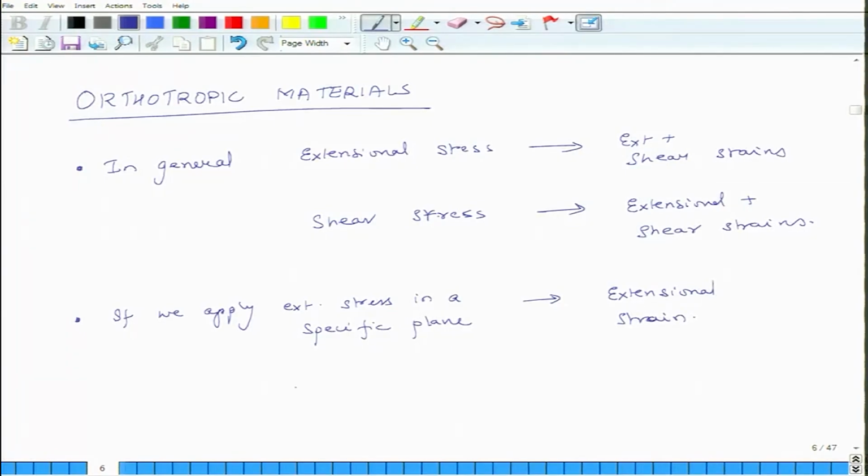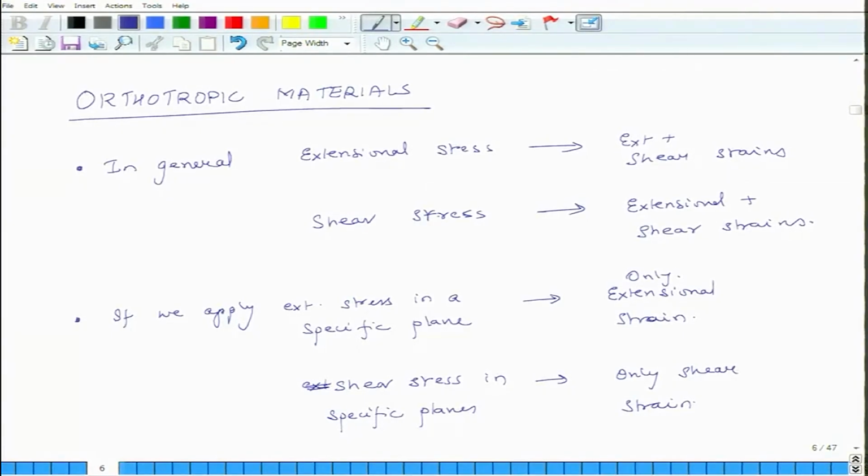And if we apply shear stress in specific planes, then you get only shear strain, and here you get only extensional strain.